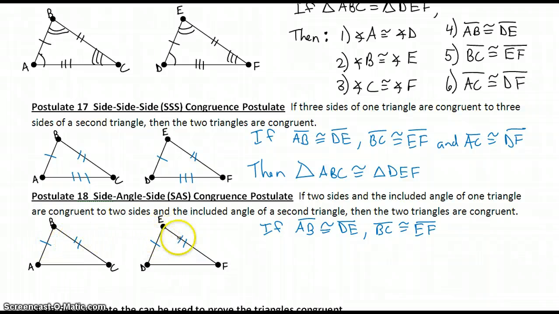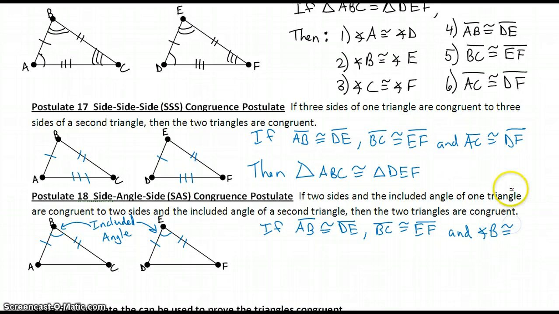The angle between the congruent sides is called the included angle. The included angle between side AB and side BC is angle B, and the included angle between DE and EF is E. So we need 2 pairs of corresponding congruent sides and the included angle to be congruent.